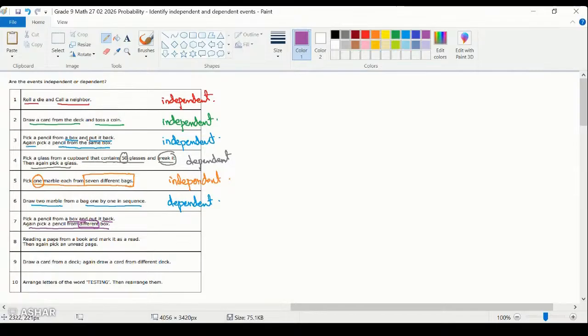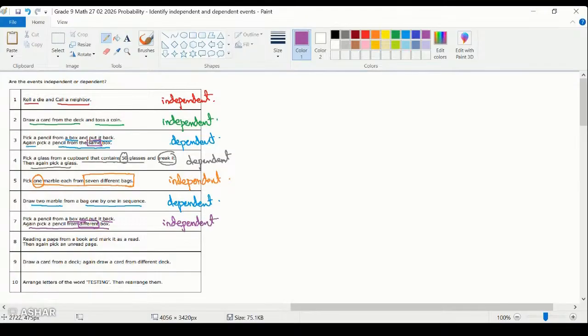In the previous question, it was saying same box. Same box would be dependent and different box would be independent.